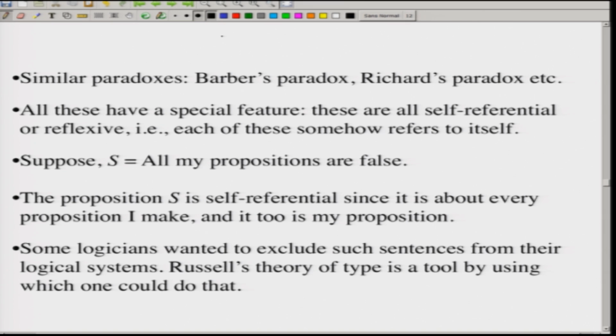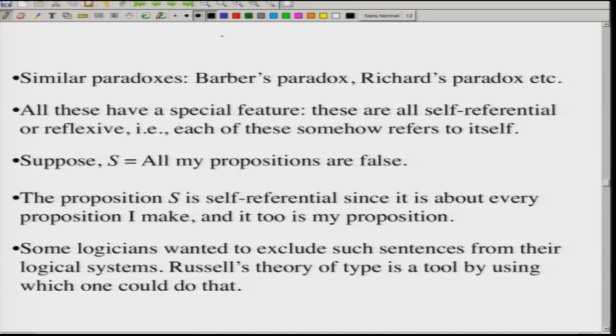There were many other paradoxes like the liar's paradox, like the barber's paradox, Richard's paradox, and so many others. We need to first study these paradoxes in order to understand this. They have a very special feature. These are all self-referential or reflexive, which means that each of them somehow refers to itself, each talks about itself.